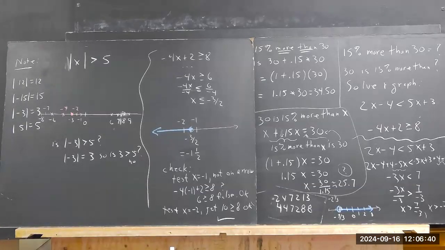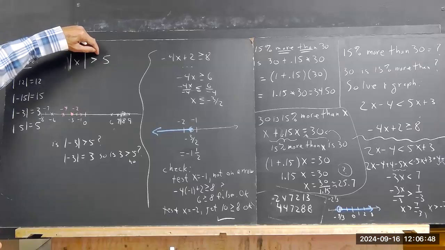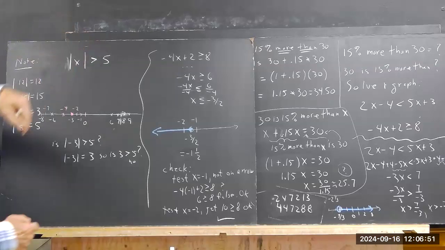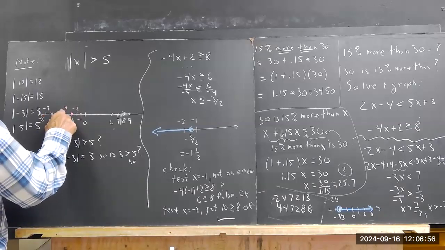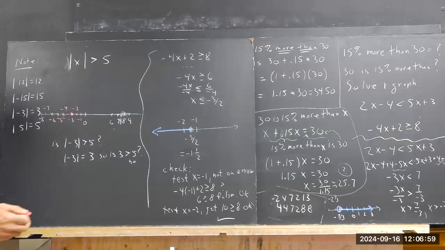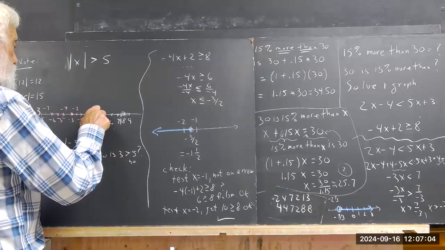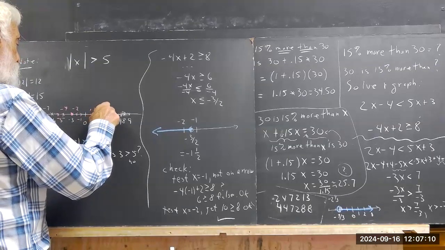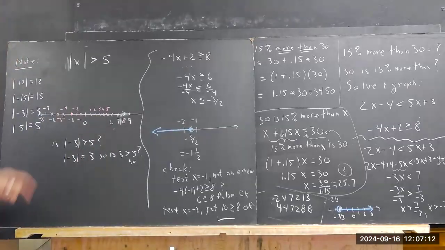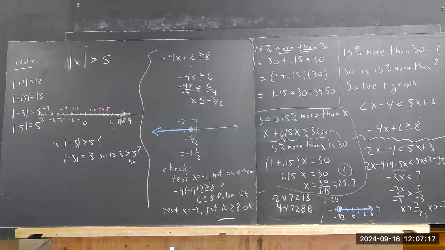Now, what about -5? Well, as we saw, the absolute value of -5 is equal to 5, but it's not greater than 5. So -5 would also be among the numbers that is not in the set, not a solution. And the numbers up to 5 would not be solutions, right?